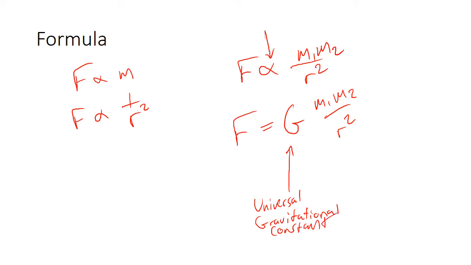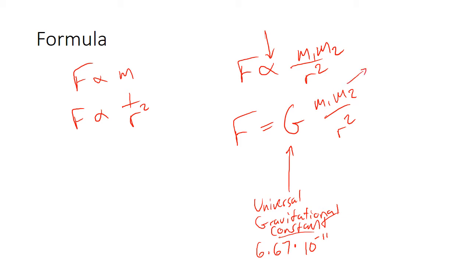Okay, now it's got the word constant in there, and it's got this hoity-toity title, which means it'll always, always, always be the same forever. So this is going to be 6.67 times 10 to the negative 11. That is the number that this is. Now it does have some units. We'll come back to that in a second because I don't remember what the units are, but I can figure them out. And I'll show you how you should be able to figure them out.